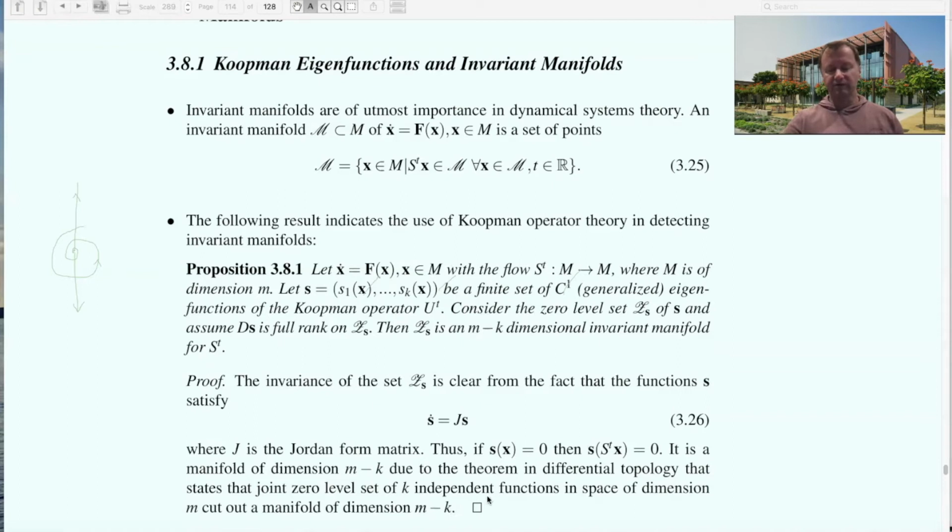That's the same theorem. The same theorem verifies that, for some general set of C1 functions, the associated invariant set is going to be a manifold of dimension m minus k. So that's nice. Now we know that zero level sets of k smooth Koopman eigenfunctions cut out manifolds of dimension m minus k.